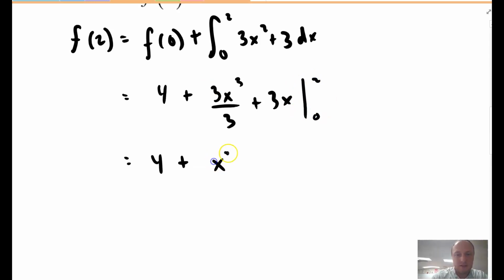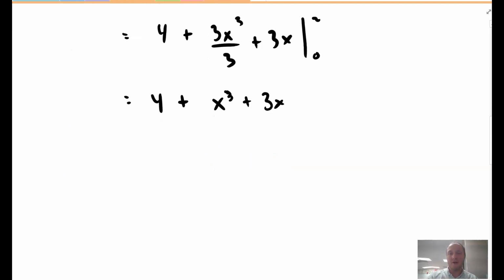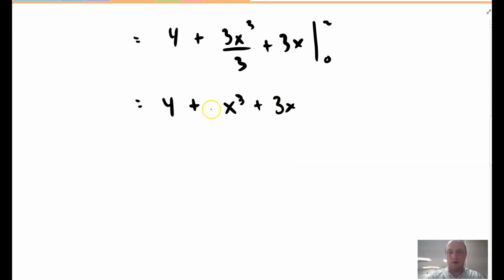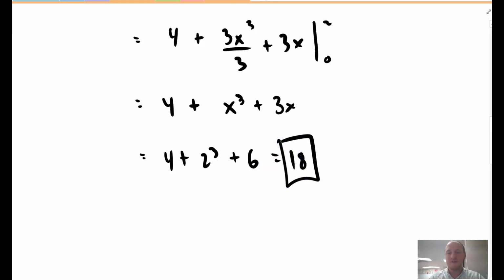So we have x cubed plus 3x. If I plug in 0, all of this is going to go to 0, so I can just evaluate this at 2. So I have 4 plus 2 cubed plus 3 times 2, which is 6, and this is 18. Okay, so there's the start plus accumulation method.